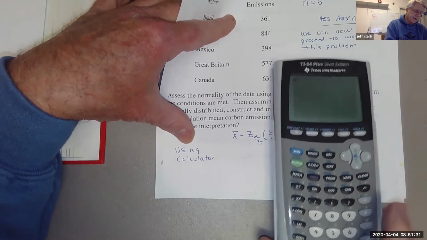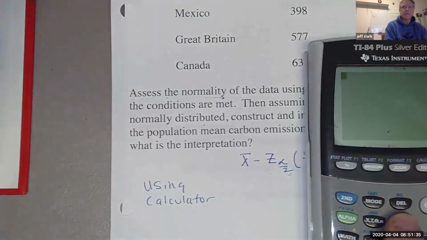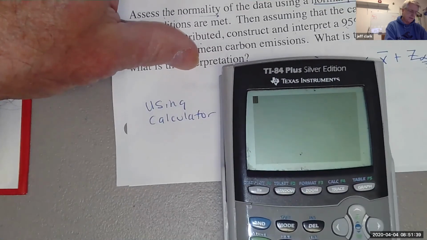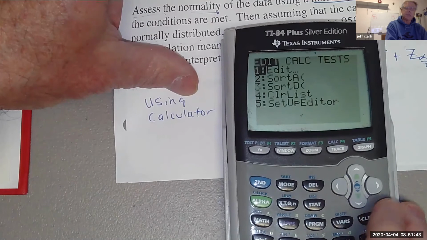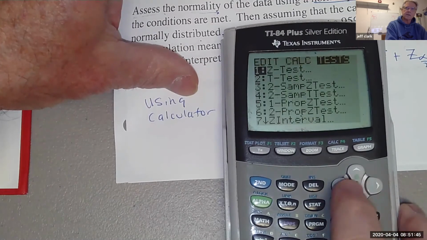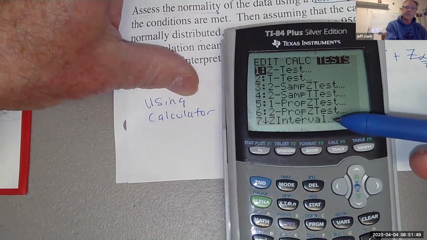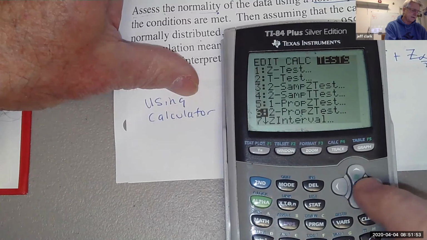What you want is stat, to remind you about this. I'm looking under what's called tests. So stat, and I'll scoot over to tests. The one we used was Z interval because sigma was given. So scroll down there.